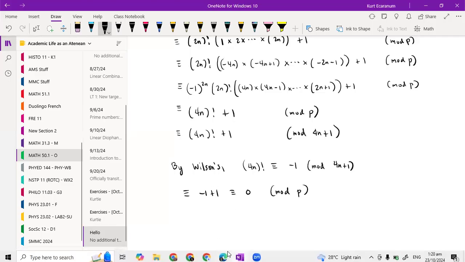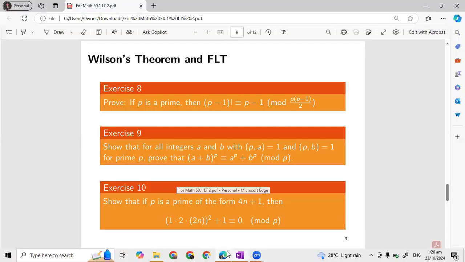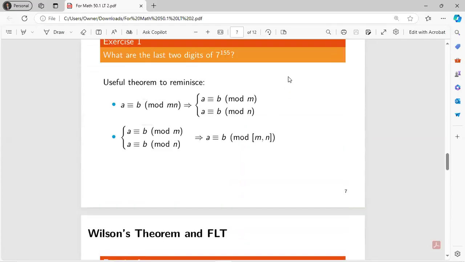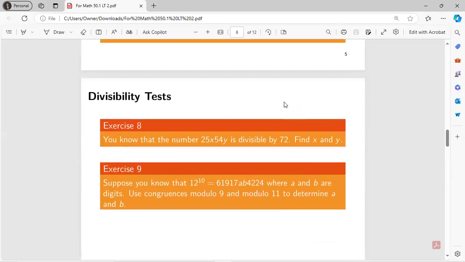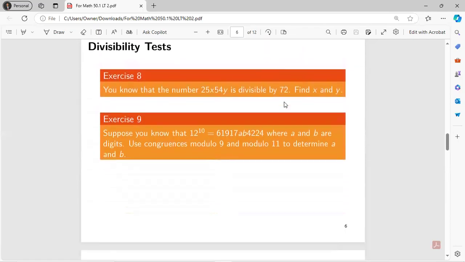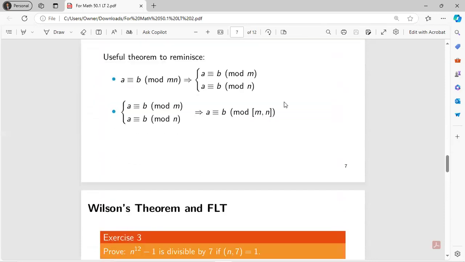And actually, only now have we finished this Wilson's theorem topic. That took so long. We already did a total of, I think, 10 exercises.